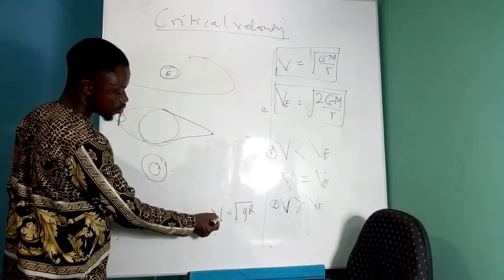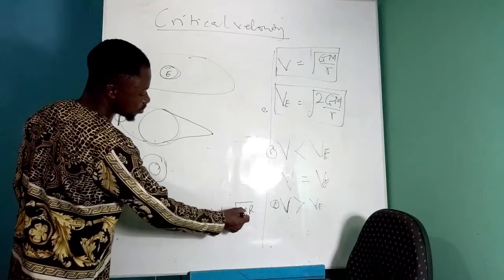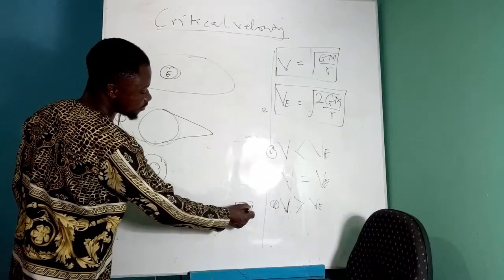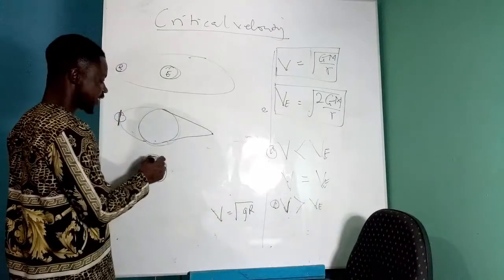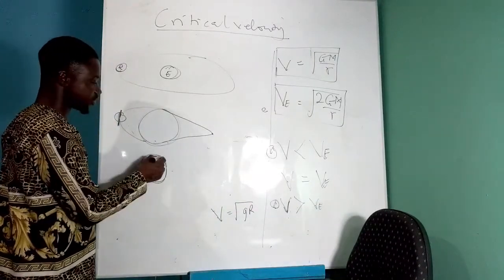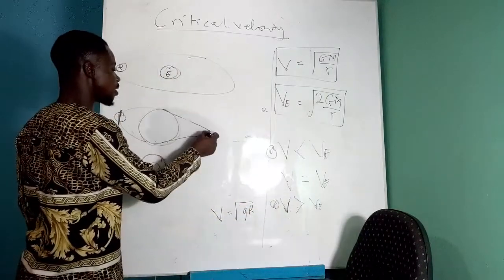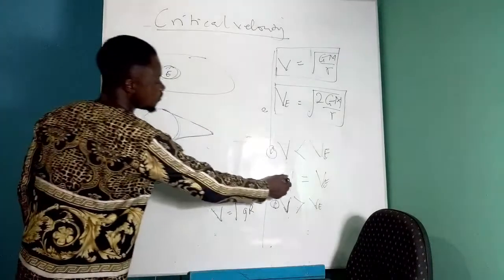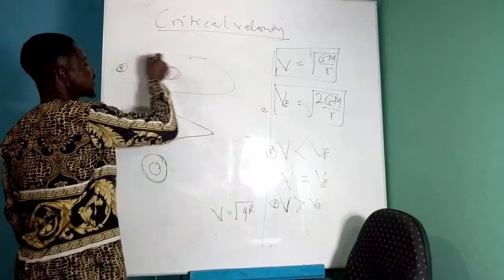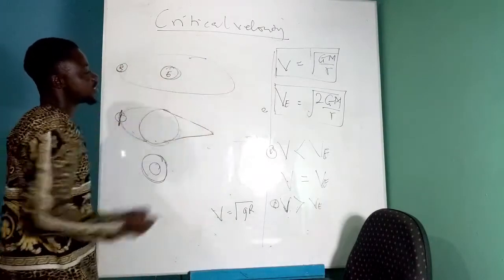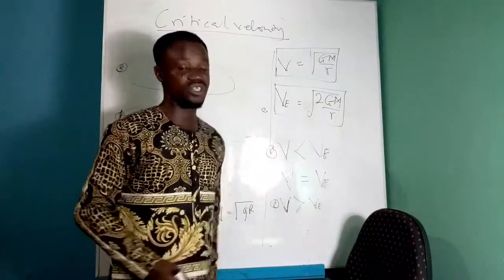So when the critical velocity is equal to the square root of g, the acceleration due to gravity, times the radius of the Earth, then the satellite moves on a circular orbit. When V is greater than VE, the satellite moves on a hyperbolic orbit. When V is equal to VE, the satellite moves on a parabolic orbit. Then the satellite revolves around the Earth on an elliptical orbit when V is less than VE.